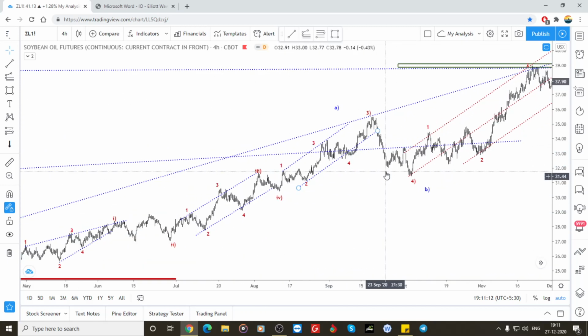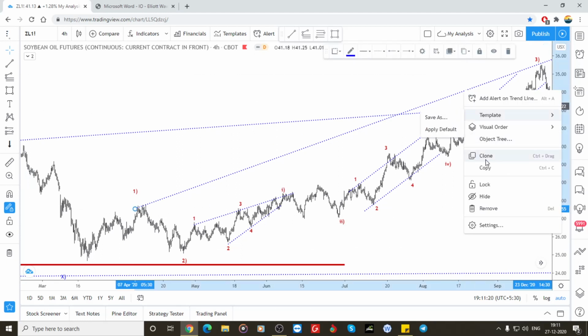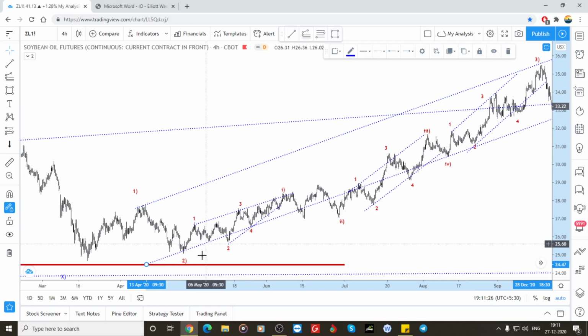See, once we didn't know whether it is going to go here, right? So this is wave 1 and wave 3. What you have to do is just clone this and put it at the end of the second wave. And see here, these are all perfect rejections.